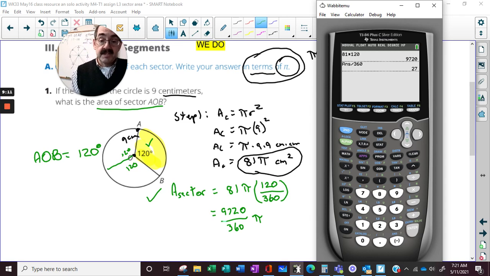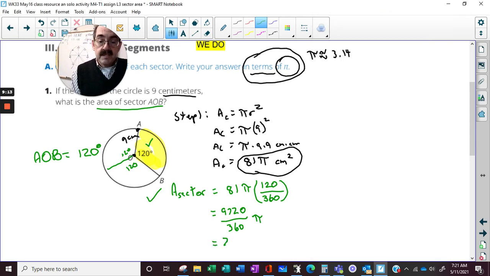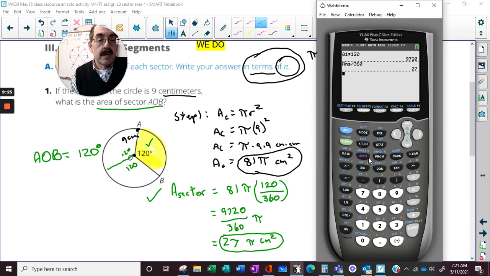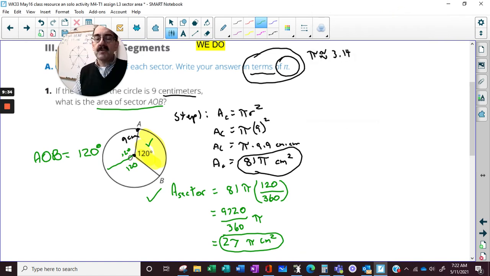In this case, it's a nice round number: 27 pi square centimeters. If it wasn't a perfect number, we can just hit the math button. Very first thing that comes up is convert to a fraction. Boom.